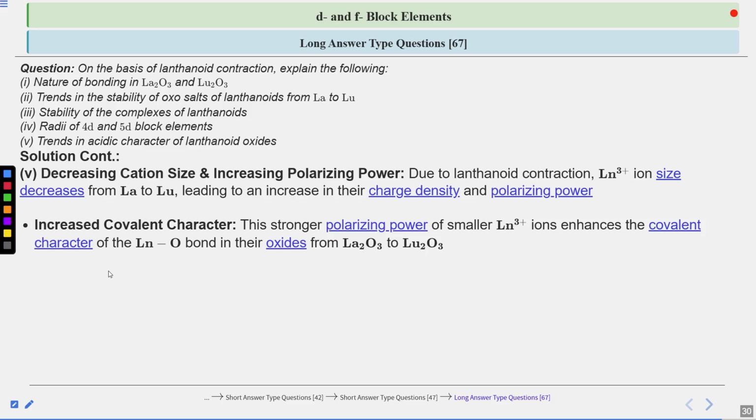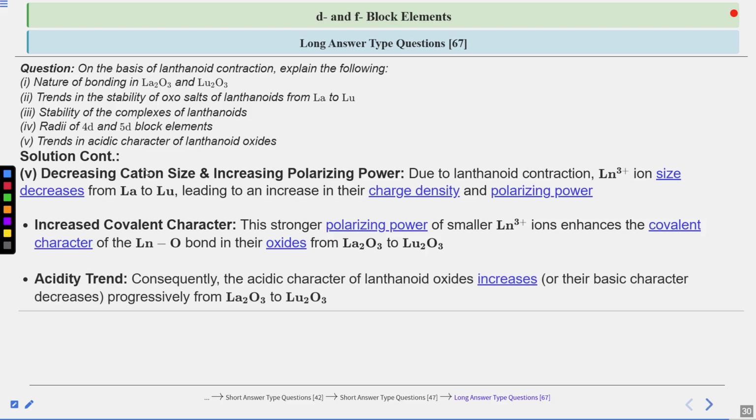So the covalent character will increase from lanthanum to lutetium oxides due to the increasing polarizing power, which is there because of the lanthanoid contraction or decrease in ionic size. Then the acidity trend will be that the acidic character of the lanthanoid oxides will increase, or their basic character will decrease, you can say both, progressively from lanthanum oxide to lutetium oxide.